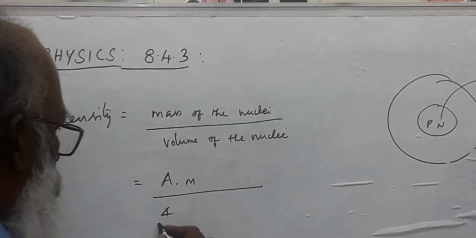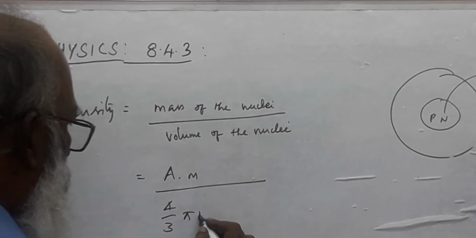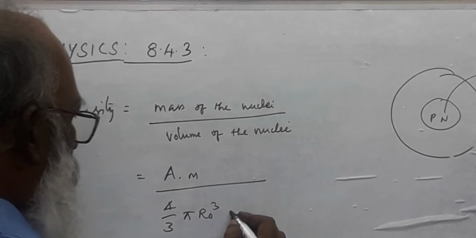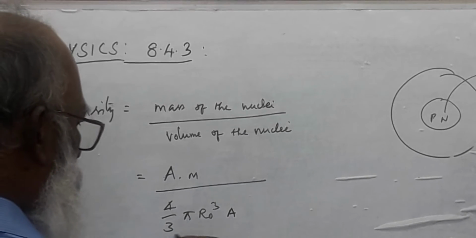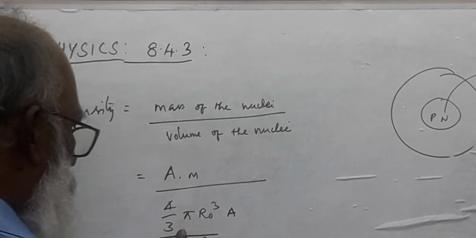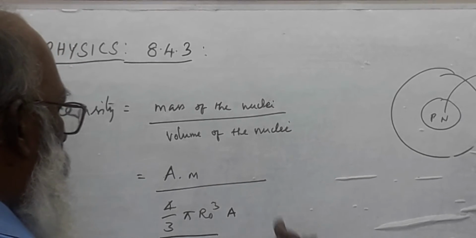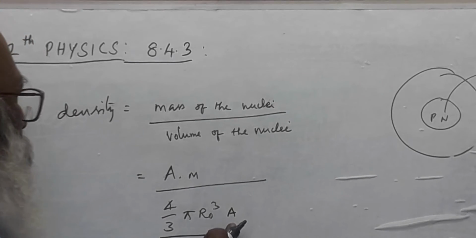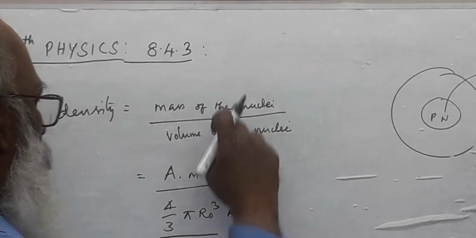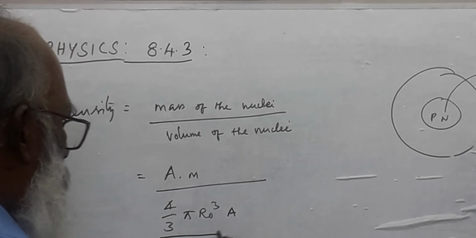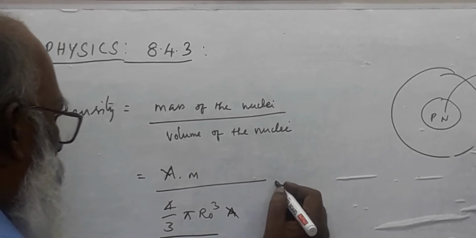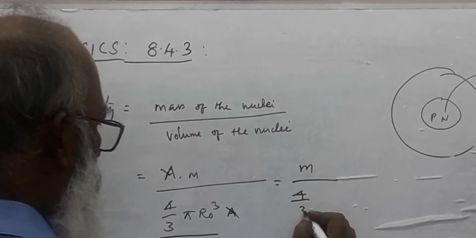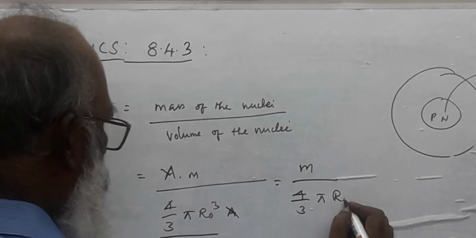Volume is nothing but 4 by 3 pi R naught cubed into A. Since there are A particles, the mass of the nuclei and the volume of the nuclei are both multiplied by A. Both A cancel each other, so that we get m by 4 by 3 pi R naught cubed.